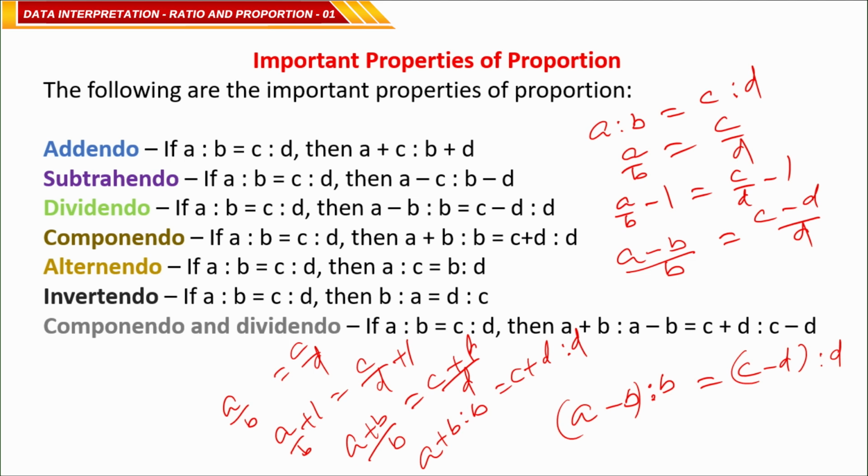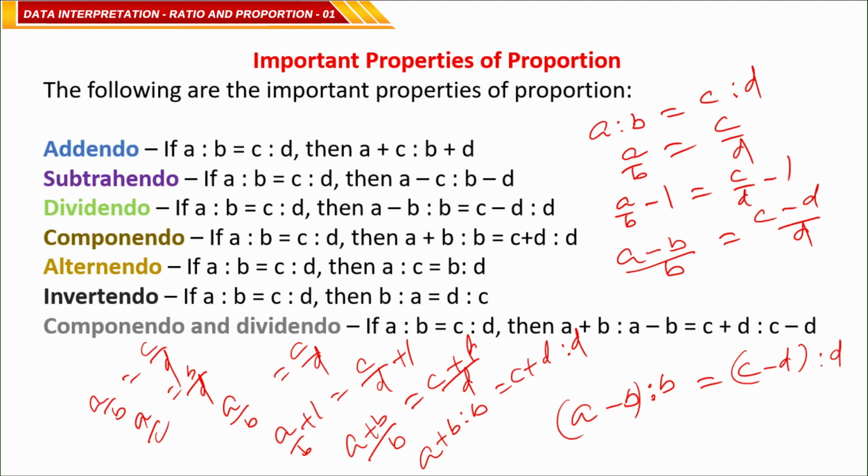Clear? This is called componendo. Next, alternando: when A is to B is equal to C is to D, meaning A by B is equal to C by D, then you can say A by C is equal to B by D. This is called alternando.